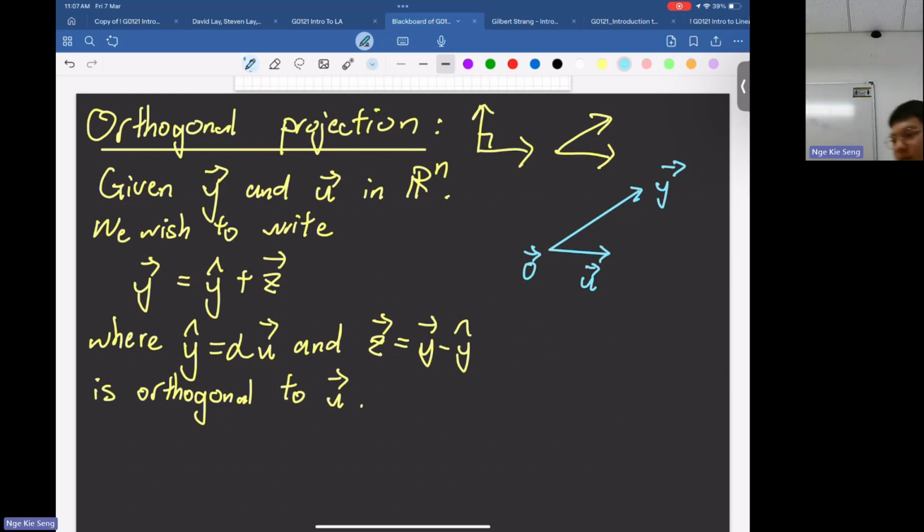So you can think of it like I extend this u a bit, either extend or become shorter, doesn't matter. And then I fill out this orthogonal part. This orthogonal part is what we call z, and this extended or scaled u is what we call y hat in our case. Okay? So given any two vectors, we can fill it out and become a right-angle triangle again.